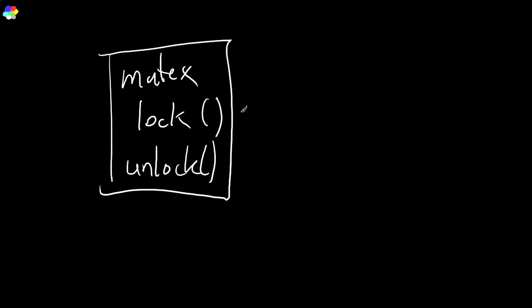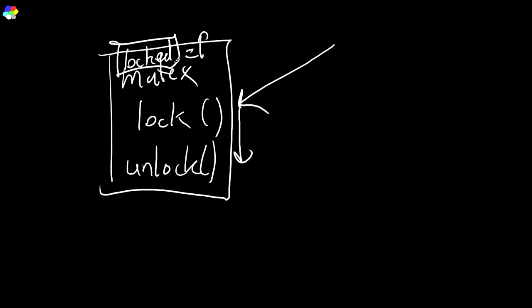And what happens is the first thread that calls lock is going to pass through. Lock is going to return almost immediately, but it's going to set the mutex's data member called locked, which is normally false, to true.